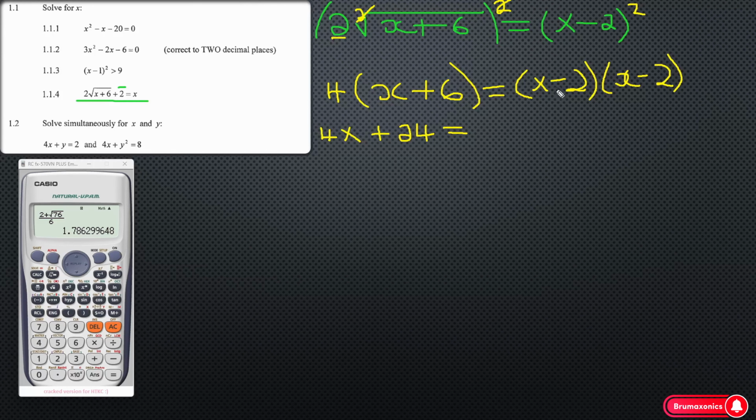And then this is equals to x, and x will give us x squared, and then x and 2 will give us a negative 2x, right? And then in continuation, negative 2 and x will give us negative 2x, and then negative 2 and negative 2 will give us a positive 4.